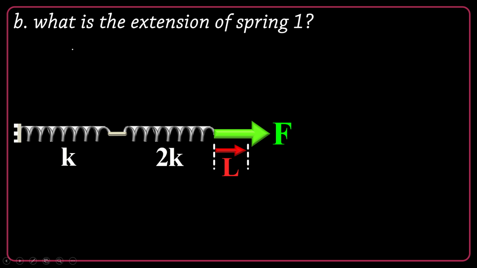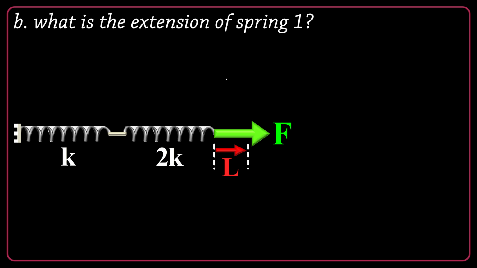Part B of the question asks what is the extension of spring 1 in terms of L. So let's say the extension is L for the system, and what's the extension of the first spring, this spring? Necessarily, as the stiffness of these two springs are not equal, they are not gonna have the same extension.